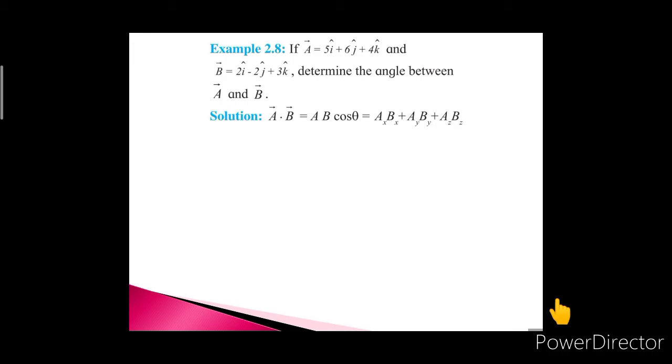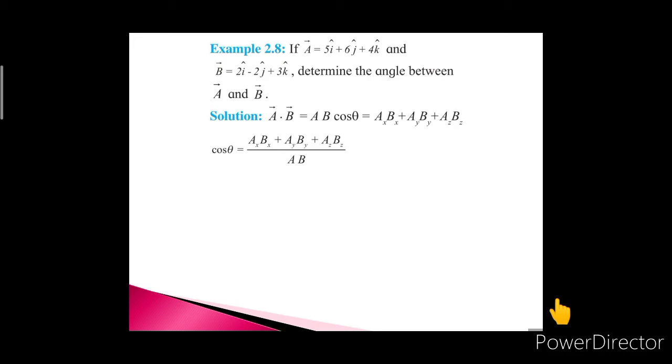So over here we are writing vector A dot vector B is equal to AxBx plus AyBy plus AzBz, and hence as vector A dot vector B is equal to AB cos theta, as well as equal to AxBx plus AyBy plus AzBz, we can say that AB cos theta is equal to AxBx plus AyBy plus AzBz.